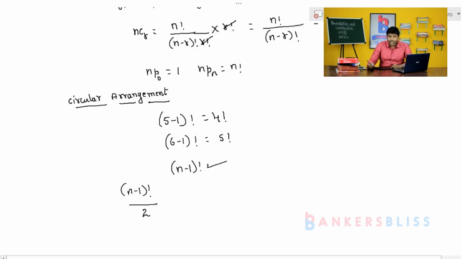In the case of a necklace, garland or ring, if you want to arrange, how many ways are there? n minus 1 factorial divided by 2. But in circular format, if we take the entire circle, it is n minus 1 factorial ways. In the normal case, it is n factorial if we consider all the people.